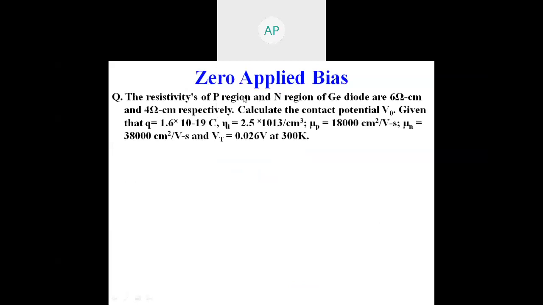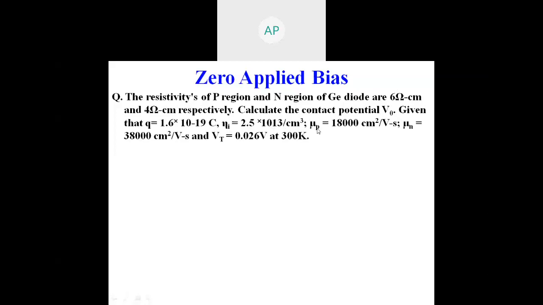Calculate the contact potential barrier voltage, where q is equal to 1.6 into 10 raised to minus 19 coulomb, and the intrinsic concentration Ni is 2.5 into 10 raised to 13 per centimeter cube.